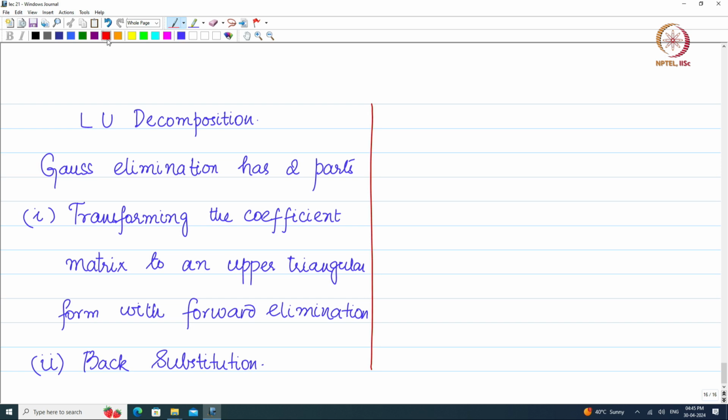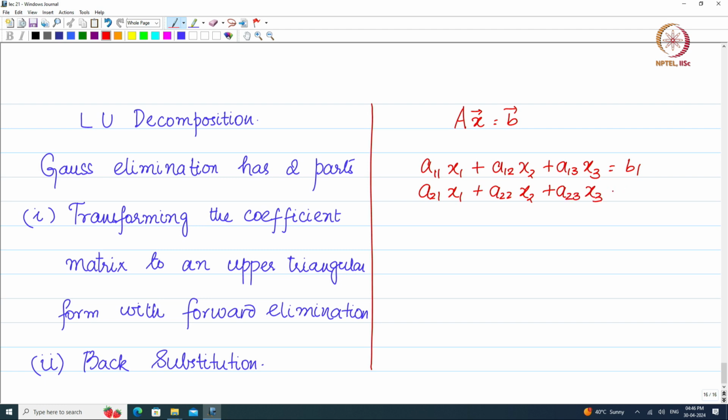Essentially what we did was the following: we had a system of equations, let us say Ax is equal to B. So we basically had A11 x1 plus A12 x2 plus A13 x3 is equal to B1, A21 x1 plus A22 x2 plus A23 x3 is equal to B2, A31 x1 plus A32 x2 plus A33 x3 is equal to B3.